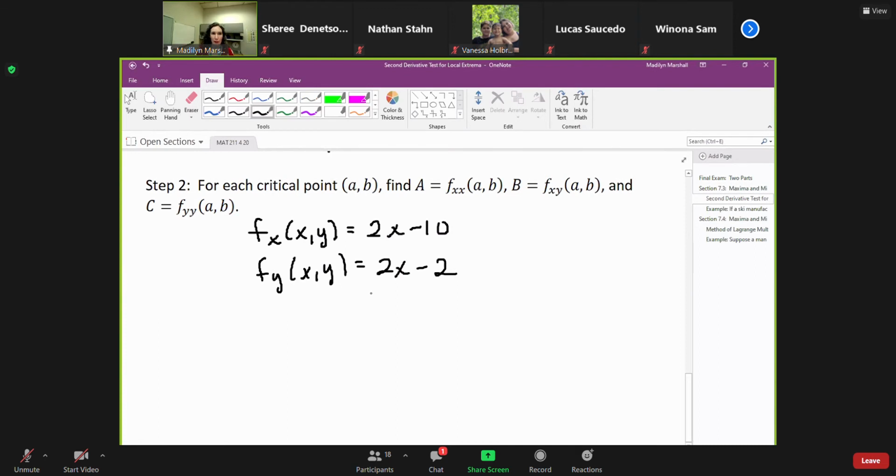These were our first order partial derivatives. In order to find A, B, and C, we're going to need the second order with respect to X twice, the second order with respect to X and then Y, and the second order with respect to Y both times.